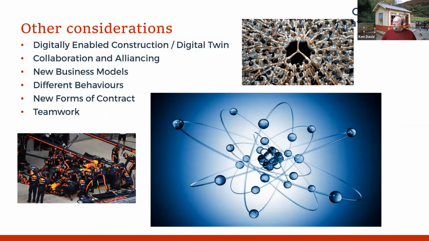Obviously, teamwork at top right and bottom left. And the last time I looked at that image on the bottom left, I counted 23 different helmets, including the one in the car itself. So teamwork obviously has its place to play everywhere. I think what we need to see to encourage collaboration is a different approach in terms of business models, and obviously different behaviours.